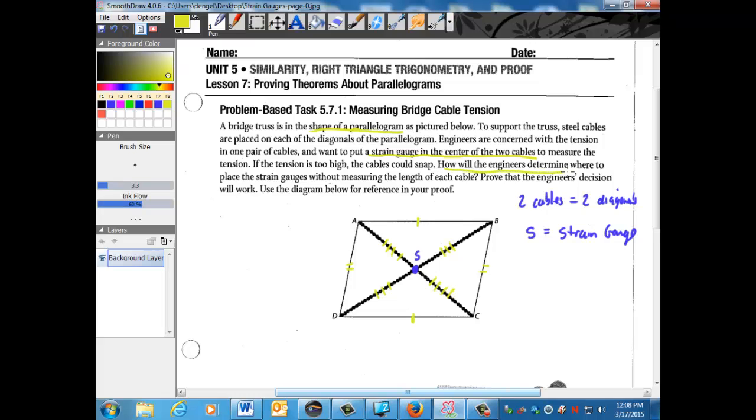How will the engineers determine where to place the strain gauges without measuring the length of each cable, and then prove that the engineer's decision will work? Well, I can tell you with certainty that the engineers want to place the strain gauges, and we'll just say point S, at the midpoint of each diagonal.